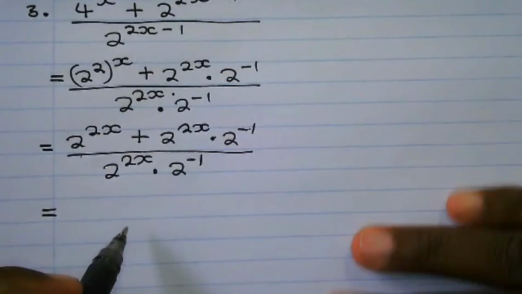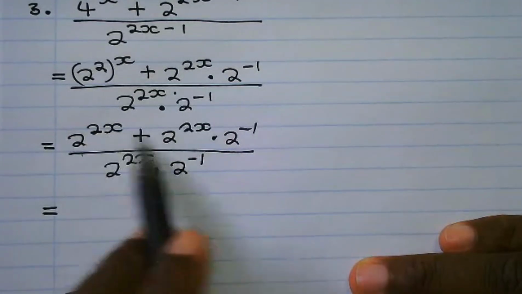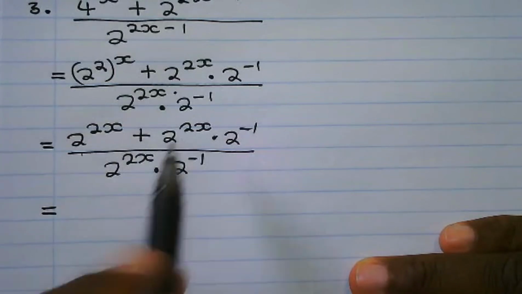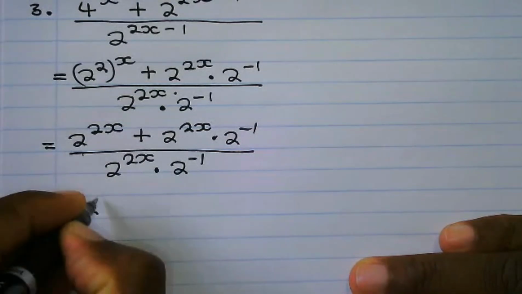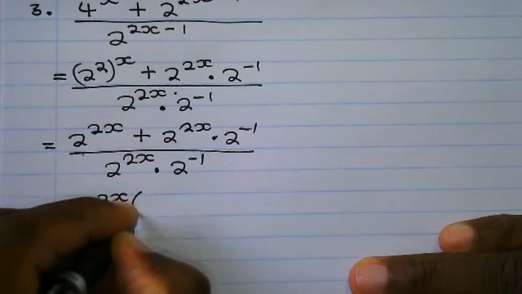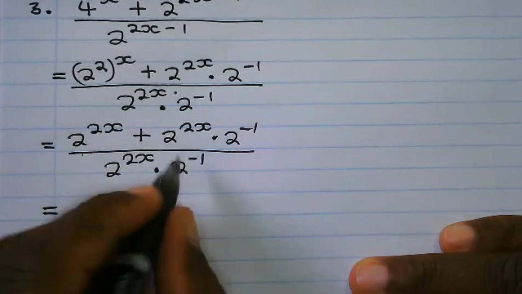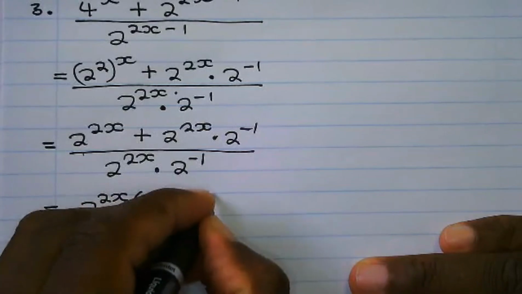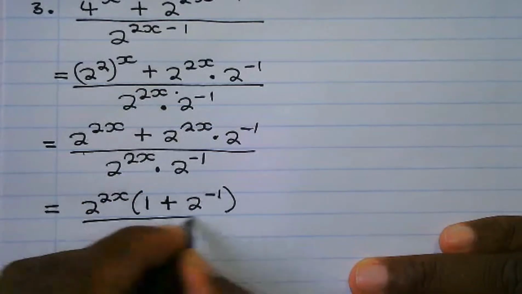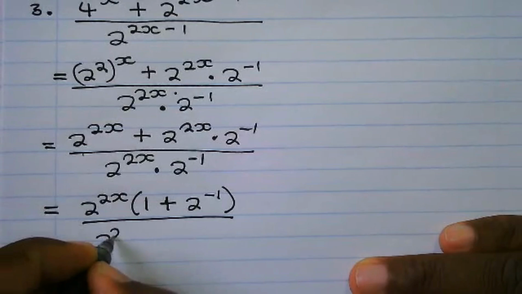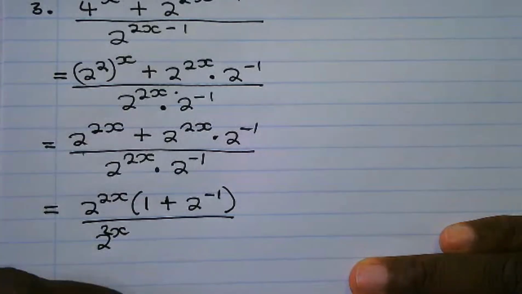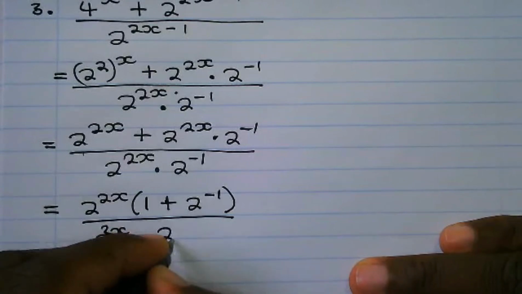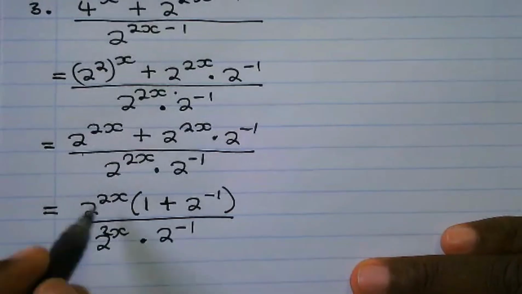And then on the numerator we can factor out 2 raised to 2x there. So it's 2 raised to 2x bracket, here we are left with a 1, here we are left with plus 2 raised to negative 1, over 2 raised to 2x multiplied by 2 to the negative 1.